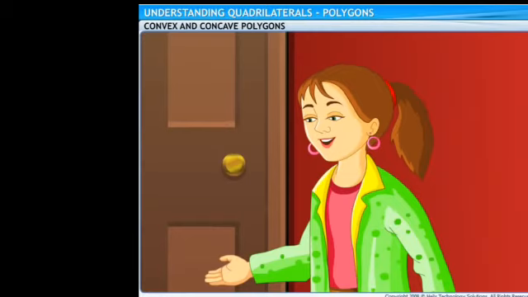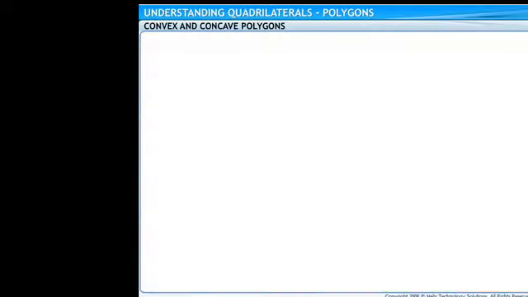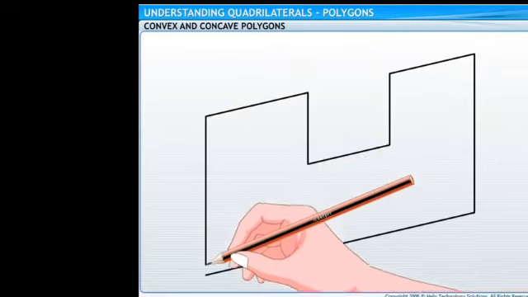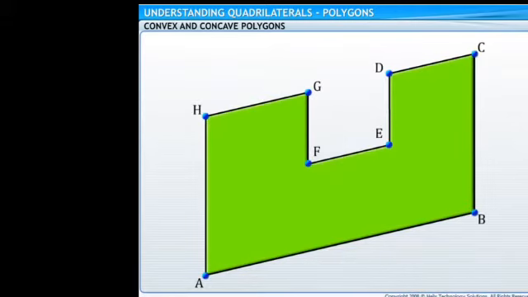Can we see some examples of convex and concave polygons? Oh yes, definitely. Look at this polygon. How can we verify if this polygon is convex or concave? Let's start by drawing diagonals from vertex A to the non-consecutive vertices C, D, E, F and G. Similarly, we draw diagonals from vertex B to other non-consecutive vertices.